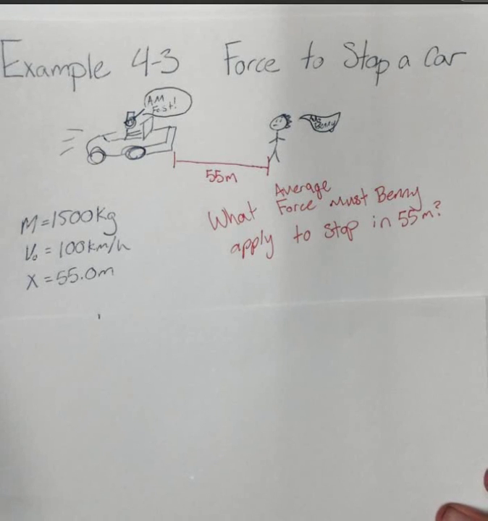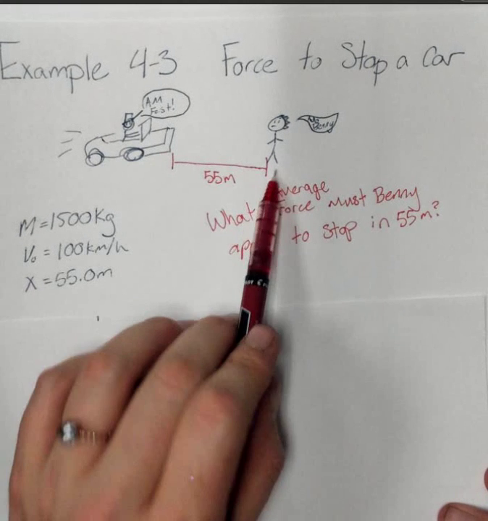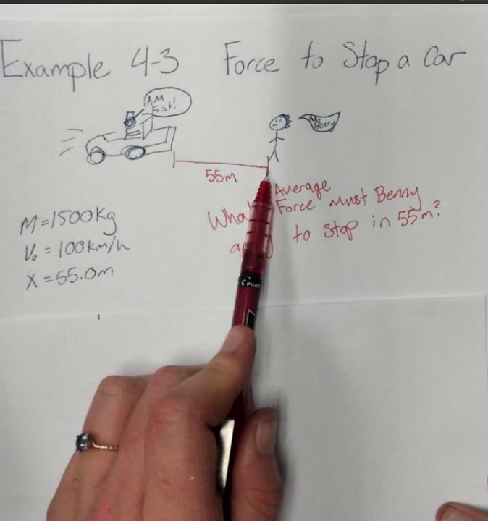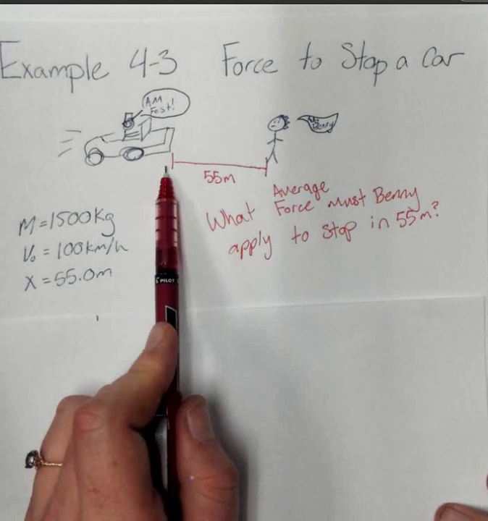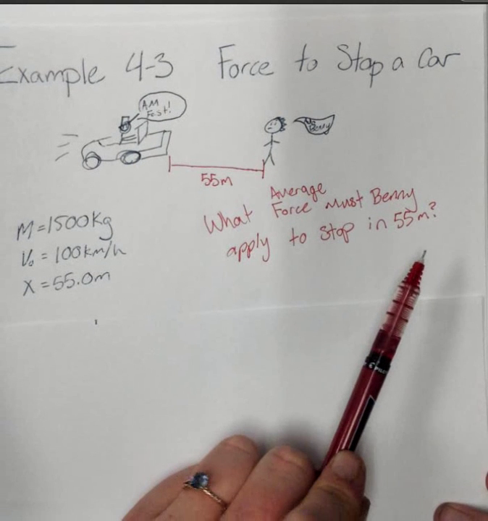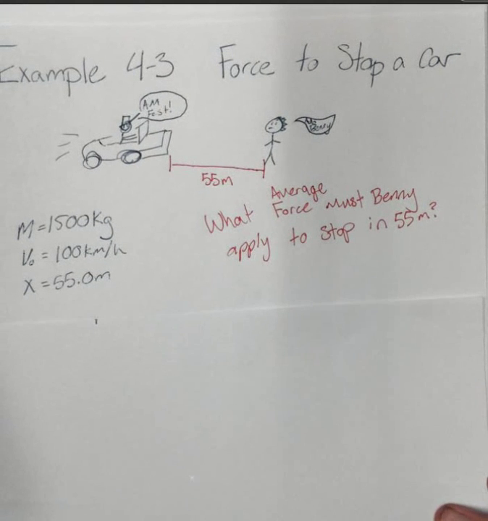Alright, and so looking at our problem boundaries, we know that Benny must stop within 55 meters. And we know that it doesn't really matter how he stops, just so long as he stops. So we know that finding out the average acceleration that causes him to have a velocity of 0 at the end of 55 meters is going to give us a sufficient answer.